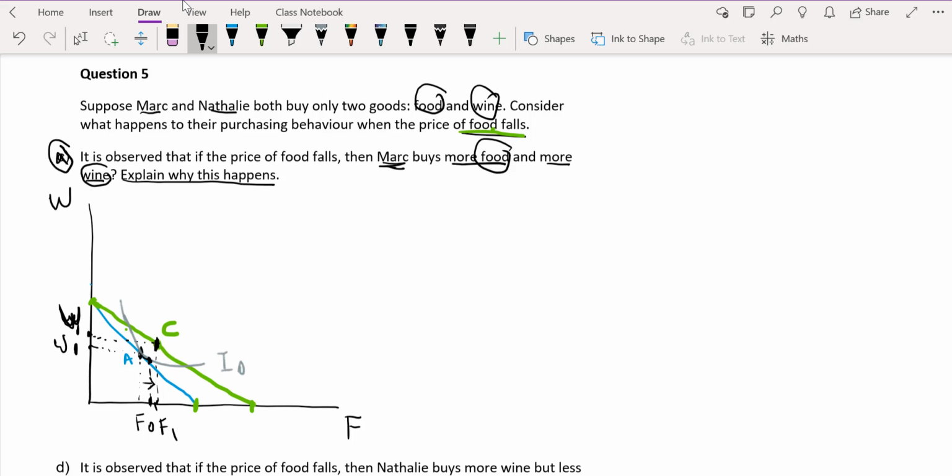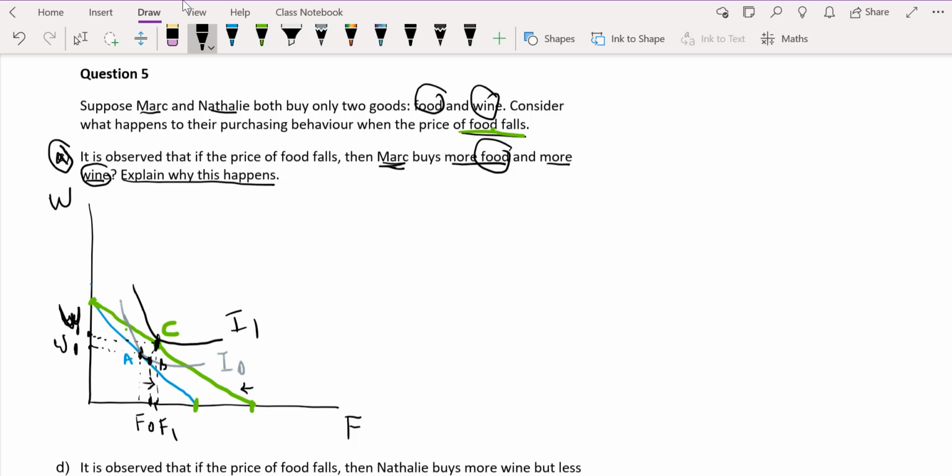Mark's movement of the optimal quantities will be from A to, let's say, B. However, Mark doesn't stop here because he's got a higher real income. Now he'll be able to operate at a higher budget constraint. So his optimal point now moves from point B to point C, which gives him higher utility. So that's I1 here.